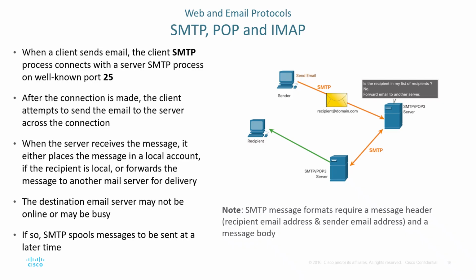So when a client sends, the client SMTP process connects with the server SMTP process on well-known port 25. So again, from the source, okay, the sender is going to generate an email.